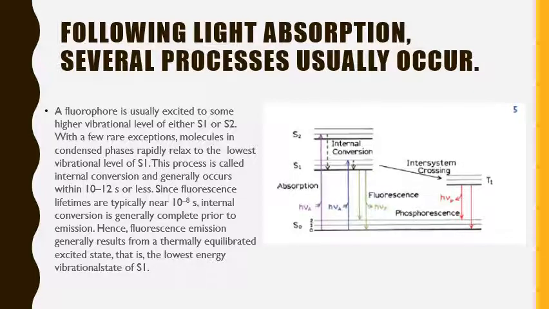Since fluorescence lifetimes are typically about 10 to the minus 8 seconds, internal conversion is generally complete prior to emission. In this time it will complete, and the fluorescence emission generally results from the thermally equilibrated excited state, that is, the lowest energy vibrational state of S1.